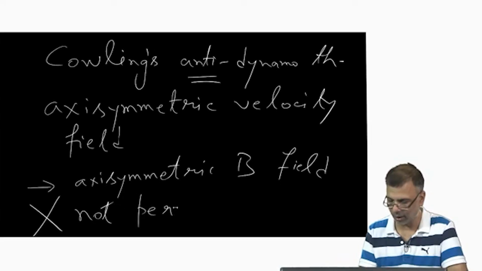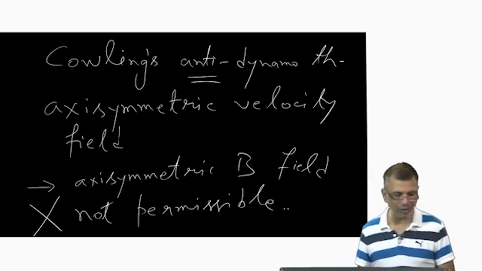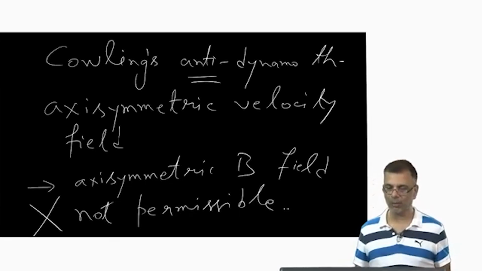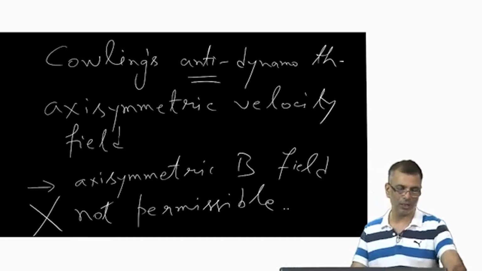I am not going to go into exactly what Cowling's anti-dynamo theorem is. This would be a very simple situation, the simplest of explanations. Unfortunately, the simplest of explanations is not permissible. What can one do?